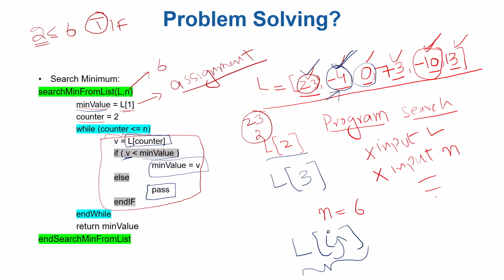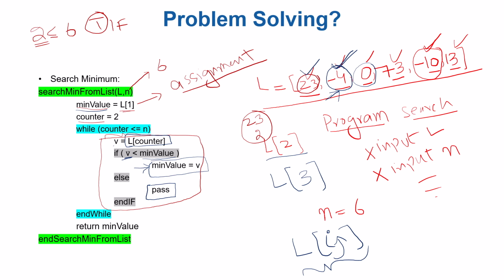Because -4 is smaller than 23, the if condition becomes true, we are in this body, and the minimum value becomes whatever the value is in v. For this example, the value in v is -4. If you go into the if condition, then you're not going into the else part. Either you go into the if part or the else part, one of them.